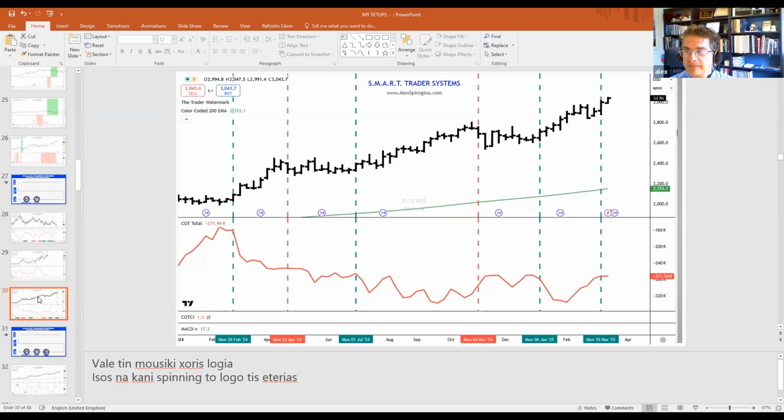For those that would be happy to explore the data further, but through the research I've done, because I've been looking at this for quite a number of years, I've managed to quantify the important turning points from accumulation to distribution.